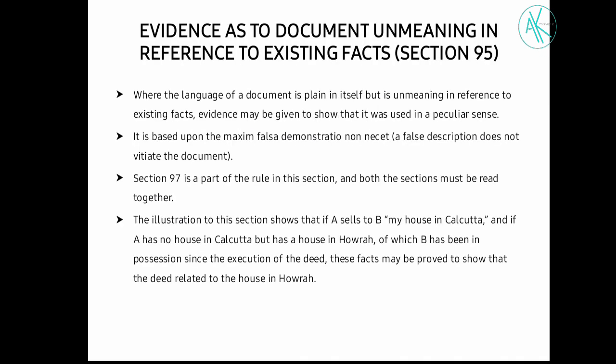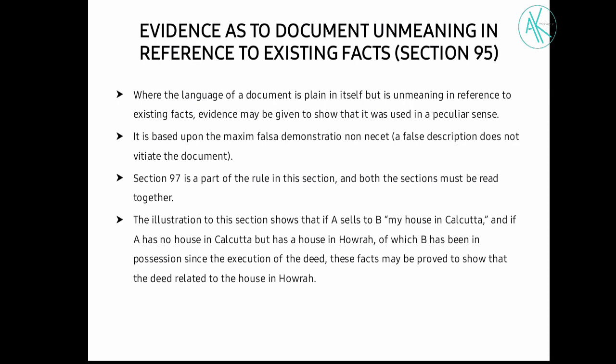Section 95, evidence as to document unmeaning in reference to existing facts. Where the language of a document is plain in itself but is unmeaning in reference to existing facts, evidence may be given to show that it was used in a peculiar sense.